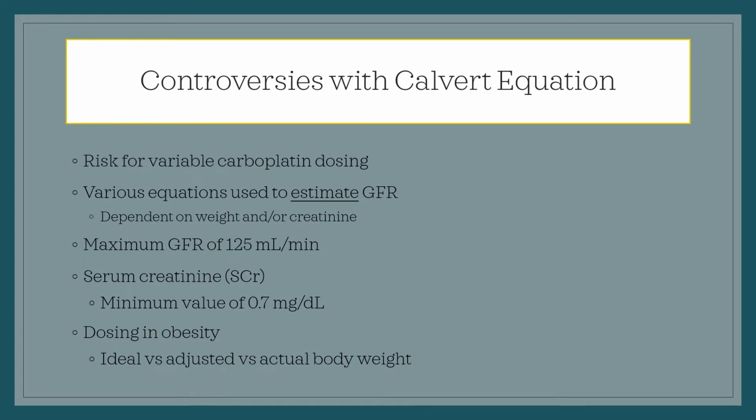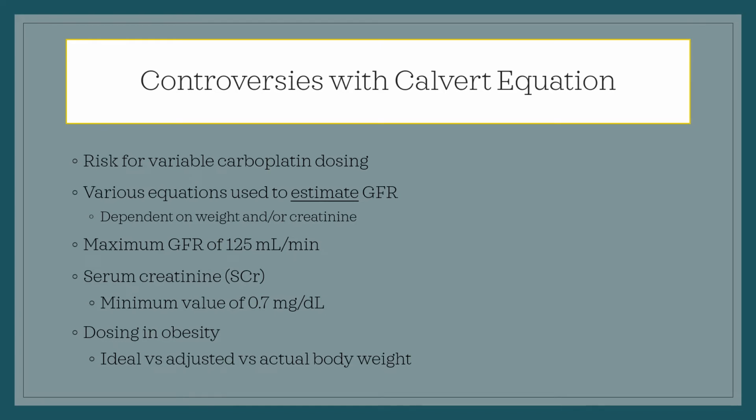But these equations, particularly Cockcroft-Gault, are going to be dependent on the patient's weight and serum creatinine, which does increase variability in that estimation. There's also been discussion about capping the GFR, or allowing a maximum GFR of 125 mL per minute, because that has historically been the maximum that the kidneys have been thought to be able to filter.